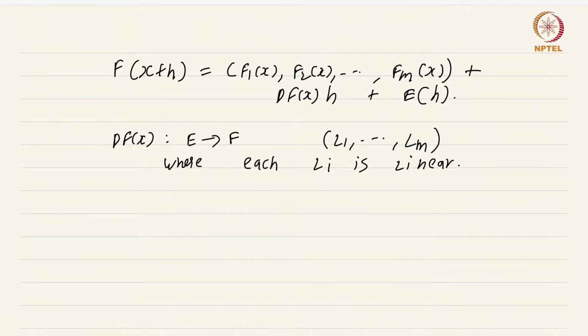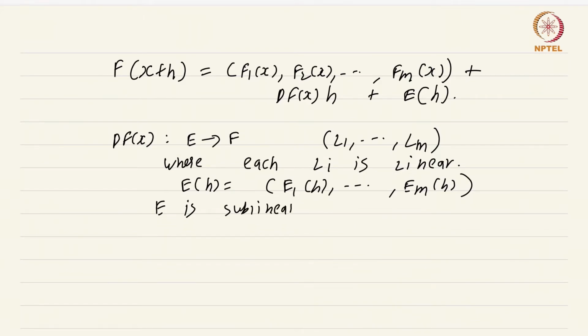Okay, and we can also write this E of h likewise in components as E1 of h comma dot dot dot Em of h. So essentially we have just taken the definition and written everything in components. Now because E is sublinear, it follows that each Ei is sublinear. This is utterly straightforward.